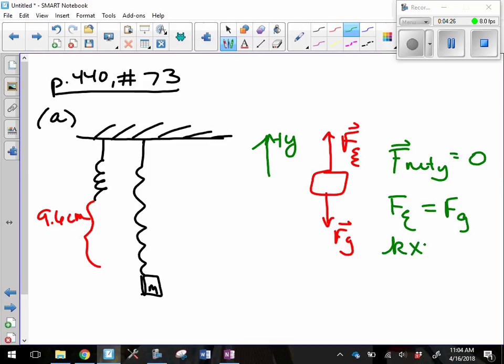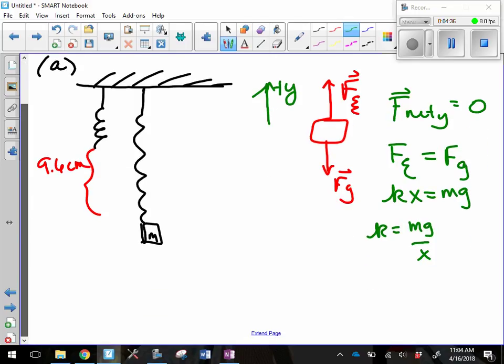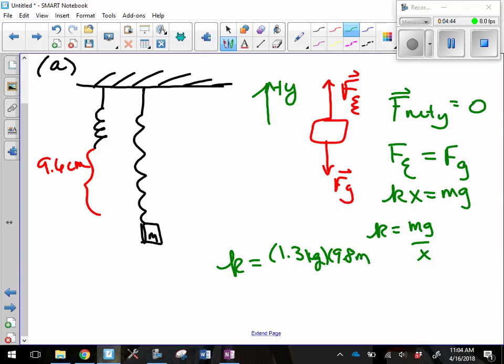So I've got Kx is equal to mg, or K is going to be mg over x. So I think m was 1.3 kilograms, and x is 0.096 meters.